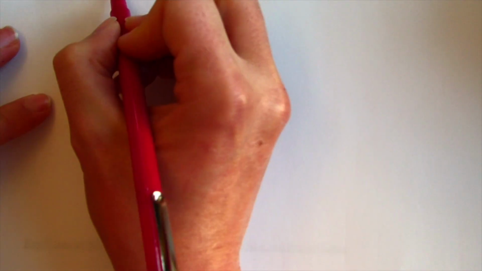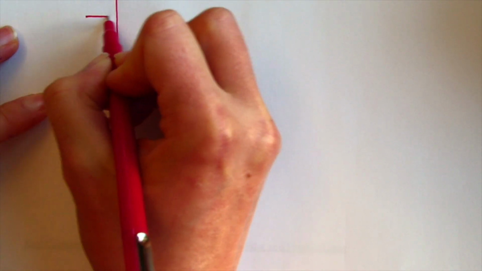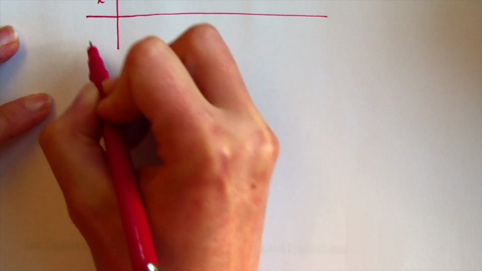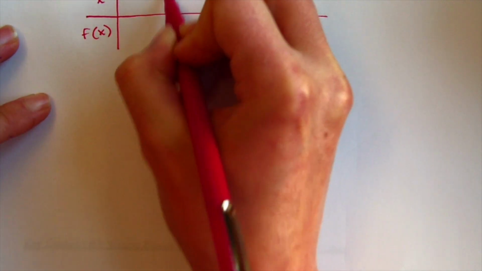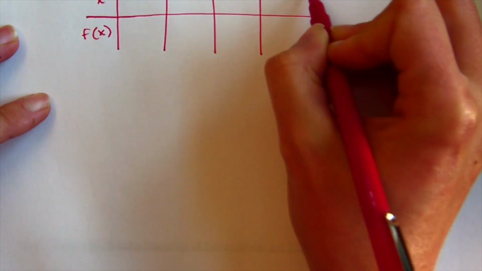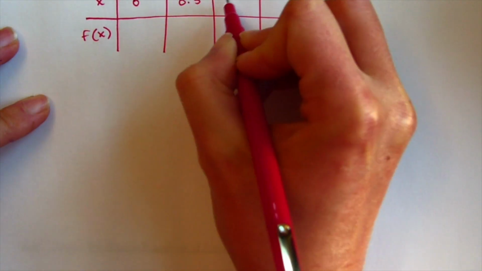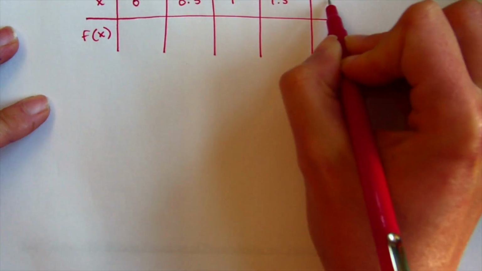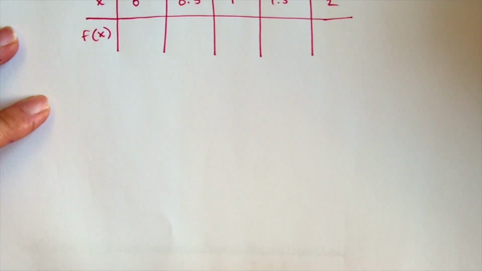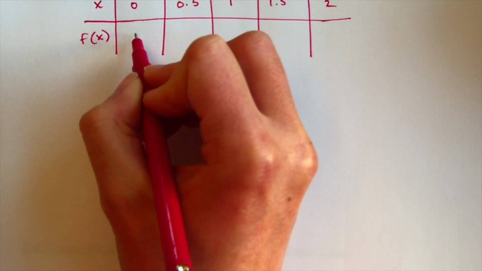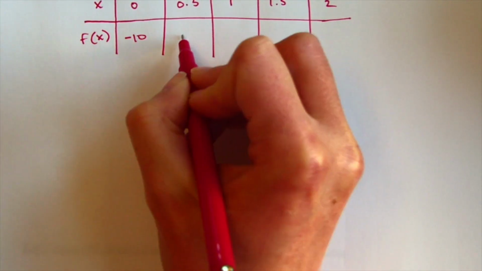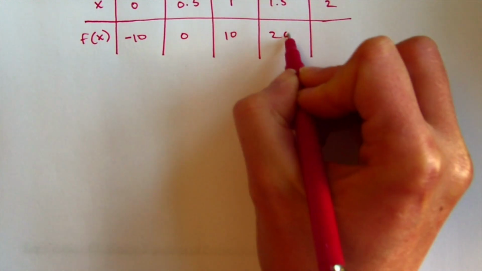So let's quickly do an example of a table. Zero, 0.5, 1, 1.5, 2. And then for output, or for y values, let's go -10, 0, 10, 20, 30.